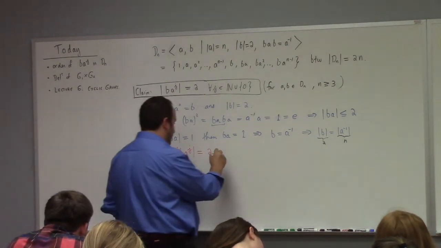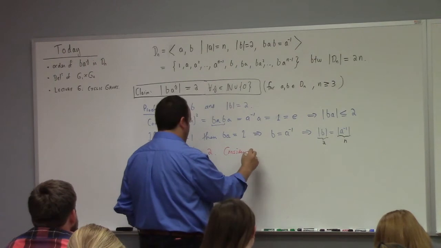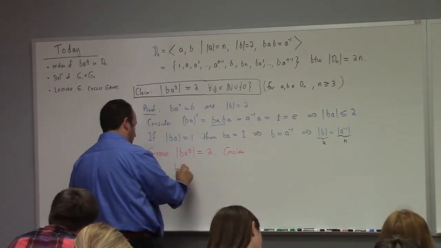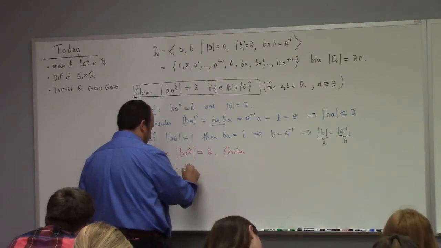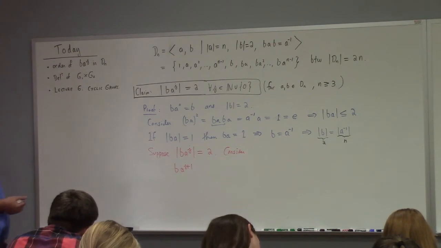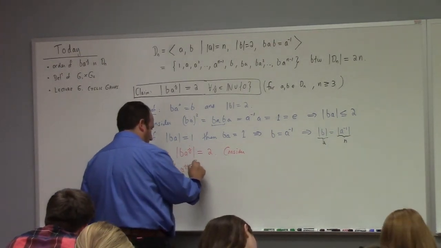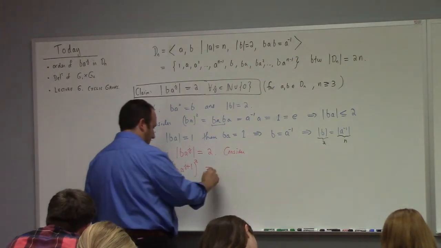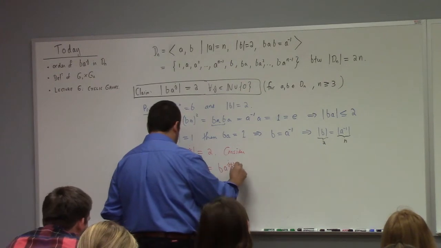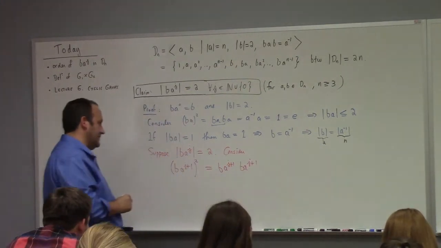And we'd like to consider BA to the j, right? B times A to the j plus 1. By definition, we want to look at the square of that, right? What's that? It's BA^(j+1) times BA^(j+1). Like that.